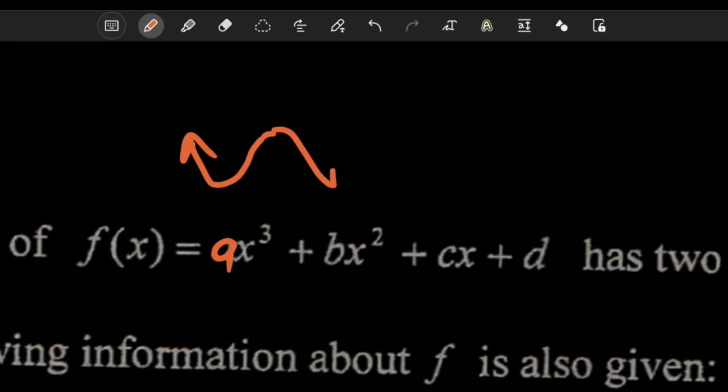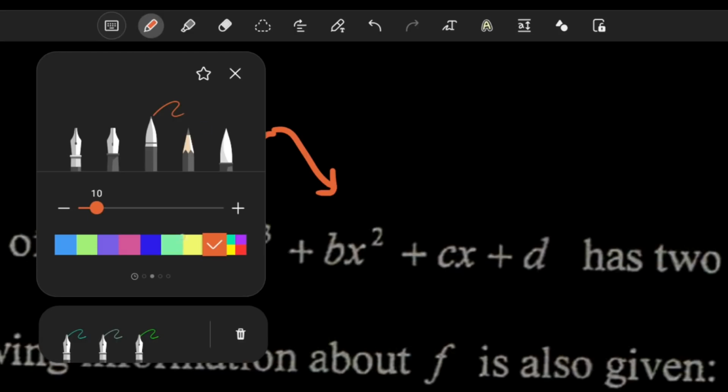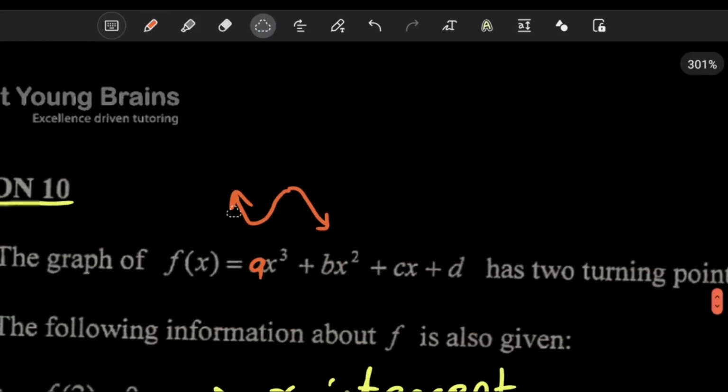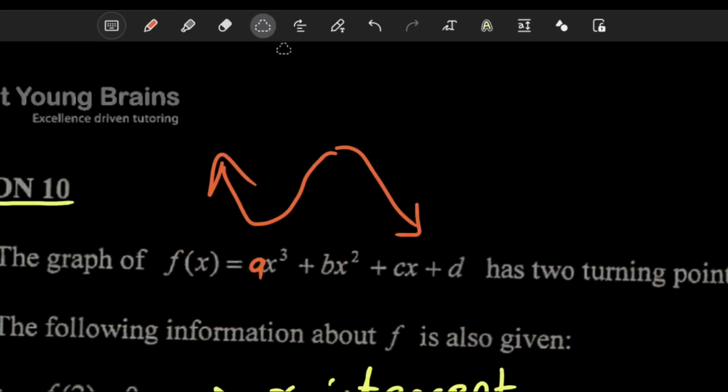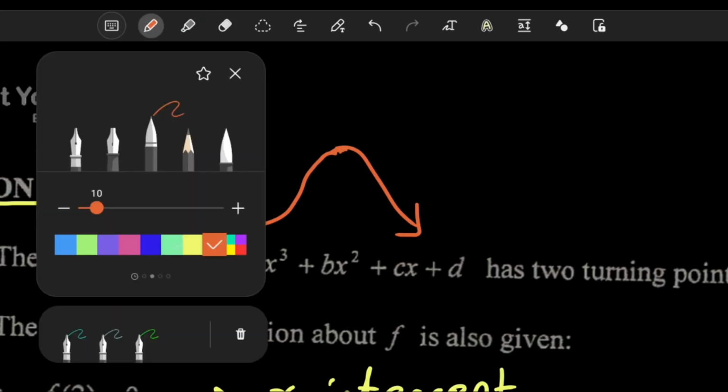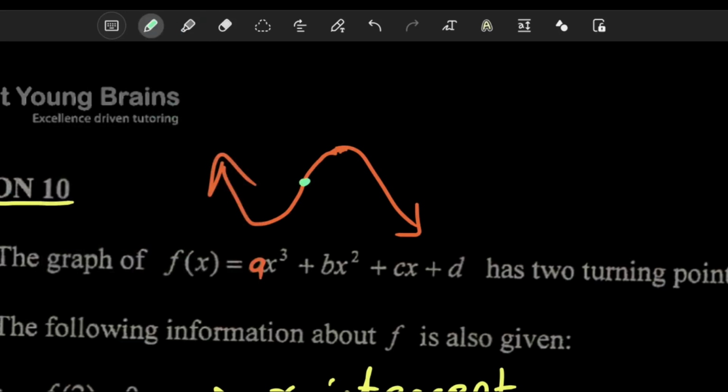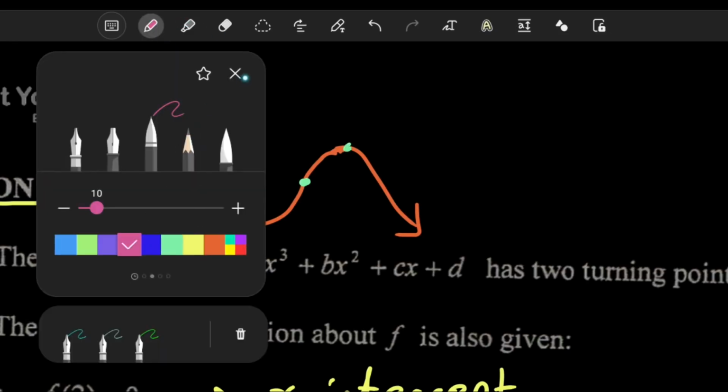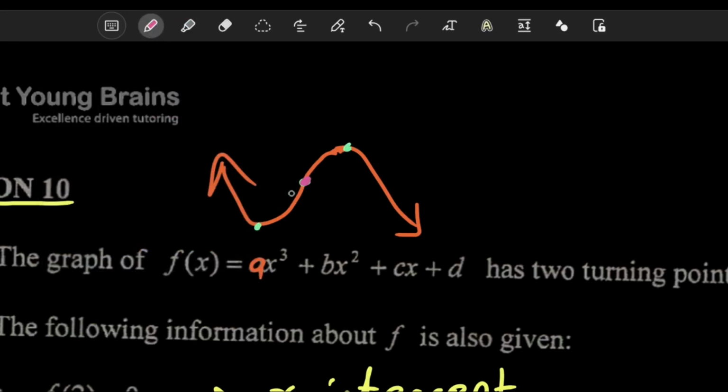If you think of an image like this, it makes sense that our point of inflection has a positive gradient. Your point of inflection, remember, is in the middle here, between the two turning points.